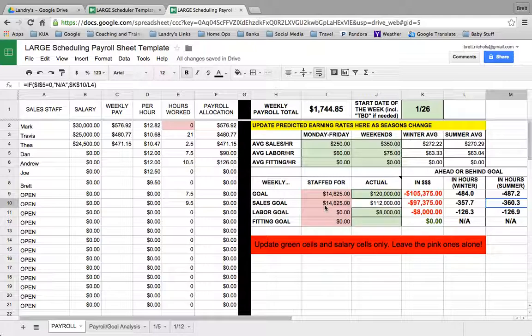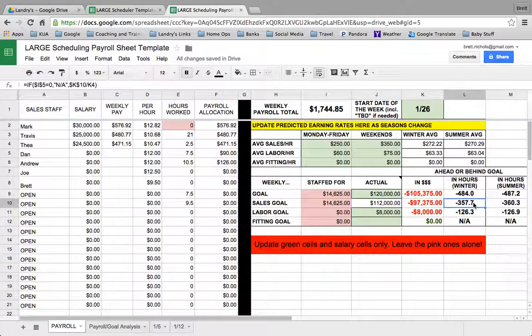So if this is my actual number here, I say, whoa, I'm way short for the store in earning toward our actual goal. How much more staff do I need to put on the floor?